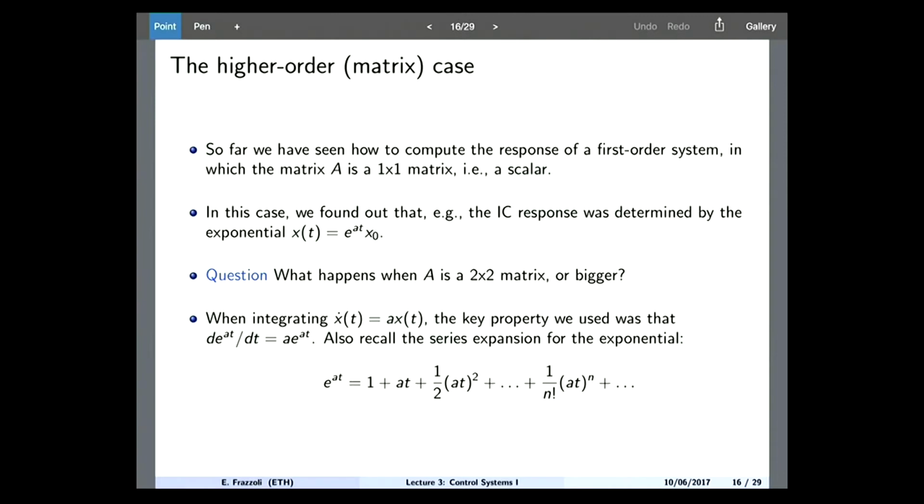What is the function such that its derivative is a times the same function? The exponential. This is the key property of the exponential that allows us to say that this is the solution.